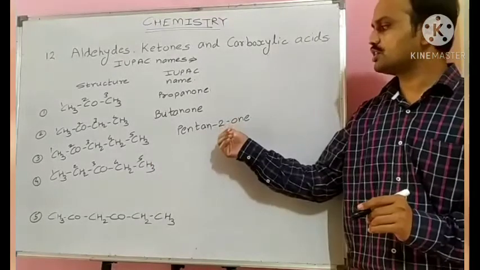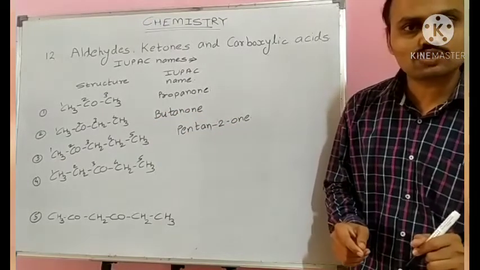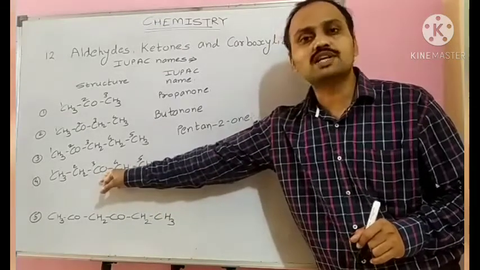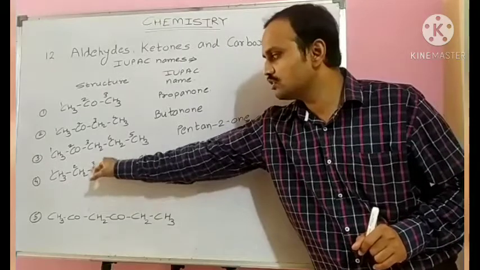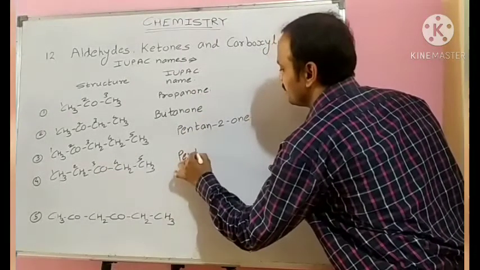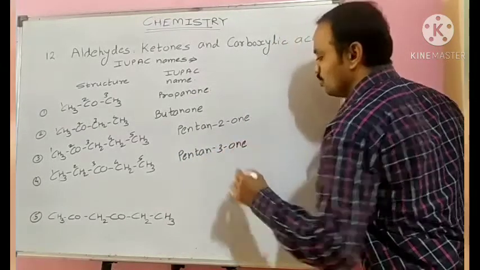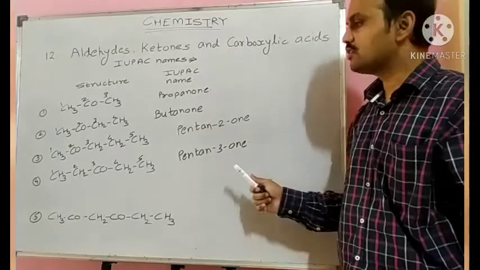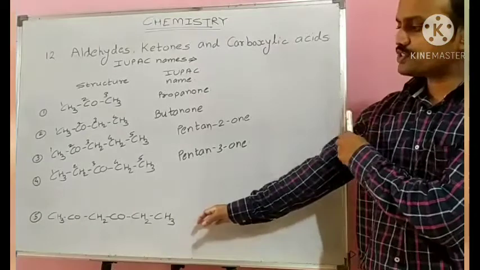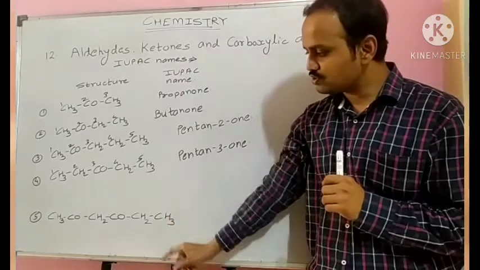In structure number 3, on second carbon, there was a carbon double bond O functional group, and in this structure, this ketonic functional group is present on third carbon. Therefore, name of the compound will become pentan-3-one.